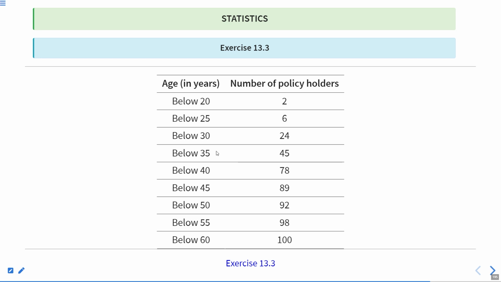Below 35 there are 45 policyholders, below 40 there are 78, below 45 there are 89, and below 50 there are 92. Below 55 there are 98, and below 60 there are 100 policyholders.